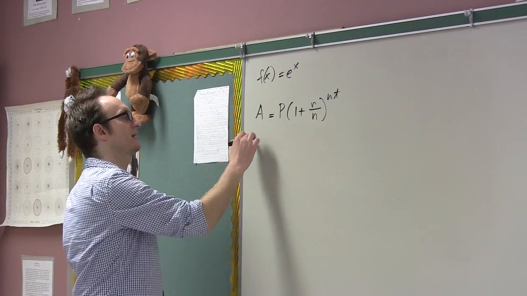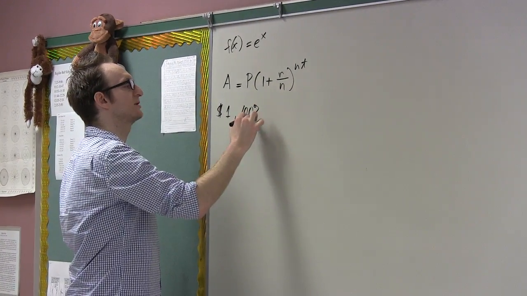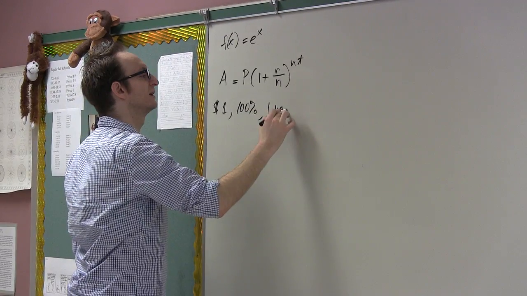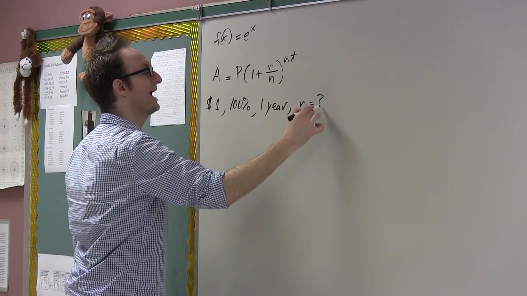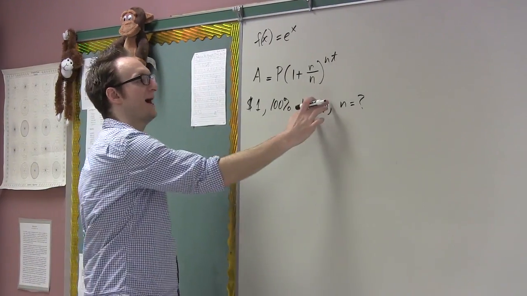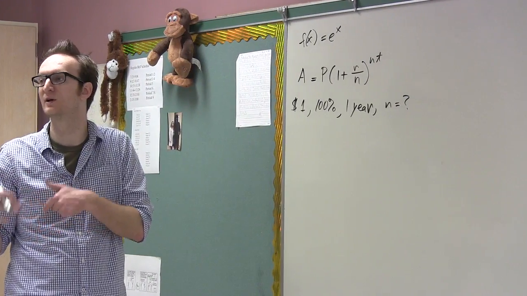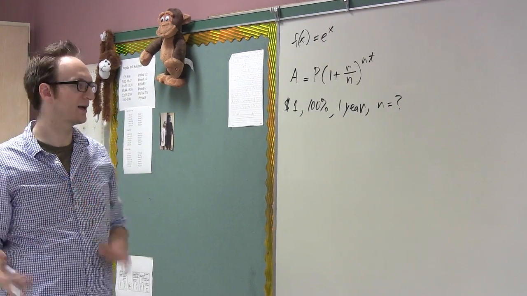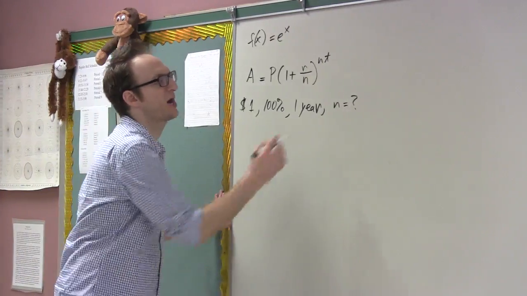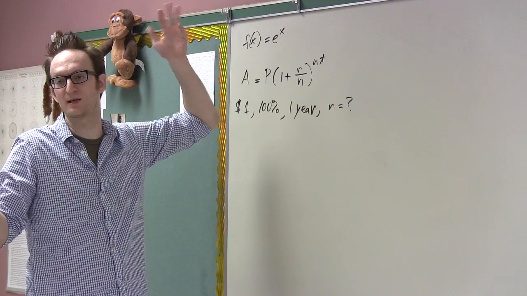Okay, and then what we did is we took $1 at 100% interest for 1 year, and we looked at what happens upon different compoundings. If you compound once per year, you end up at the end of the year with $2, because 100% interest. If you compound twice a year, you end up with like $2.25, et cetera.